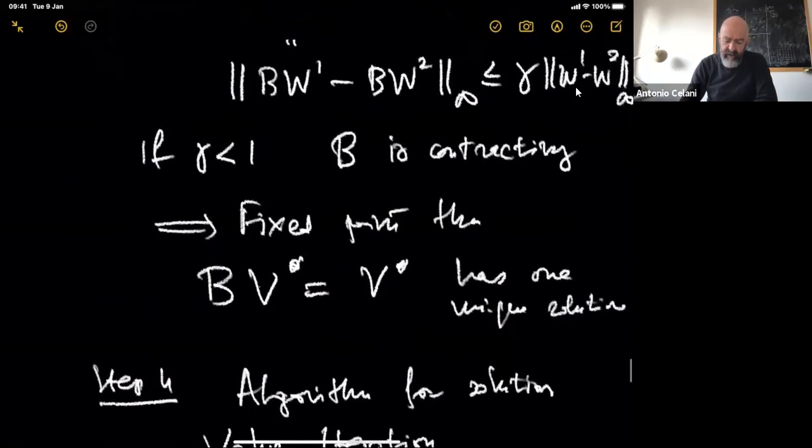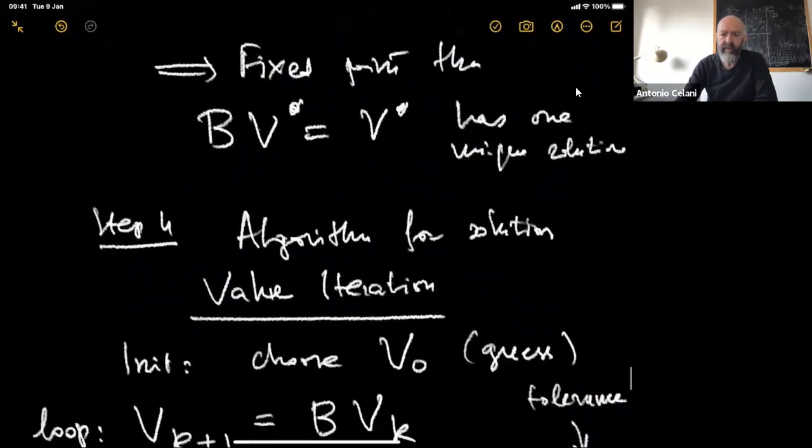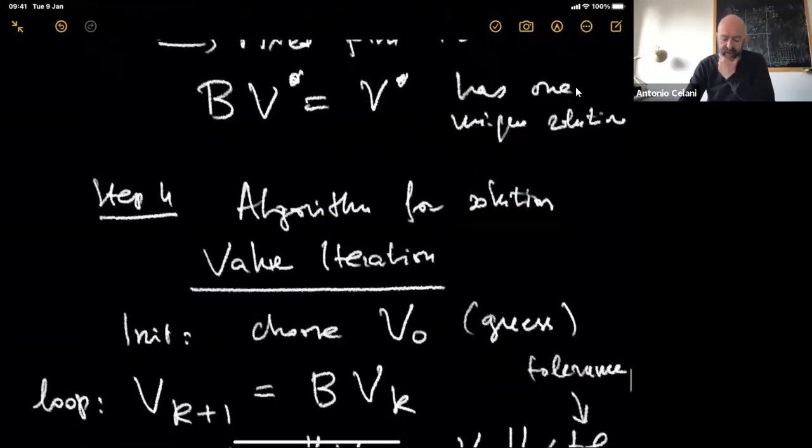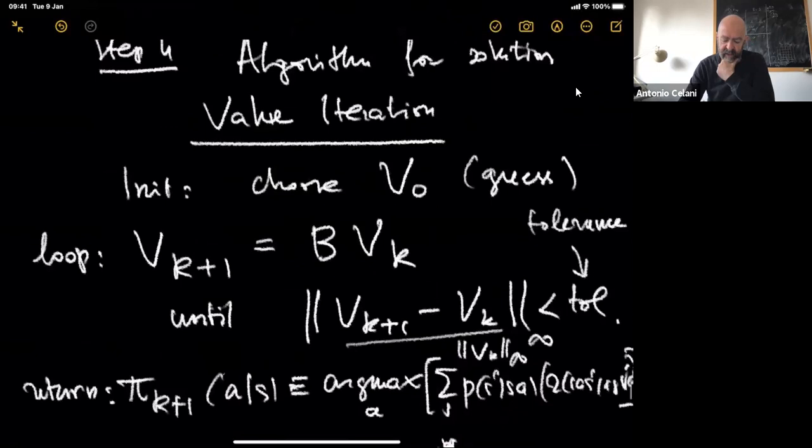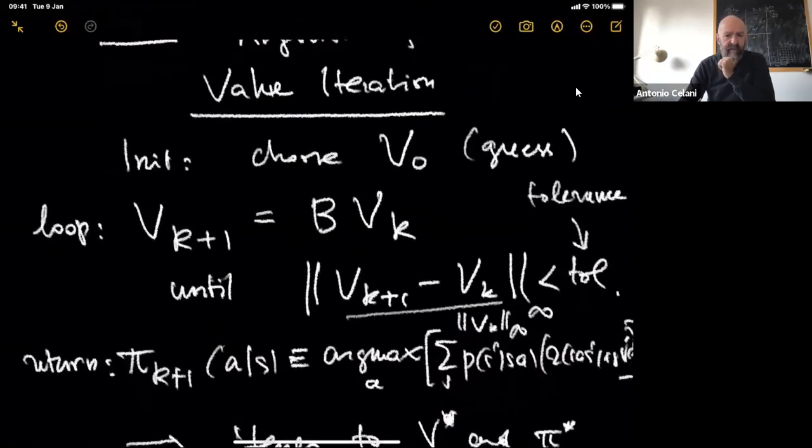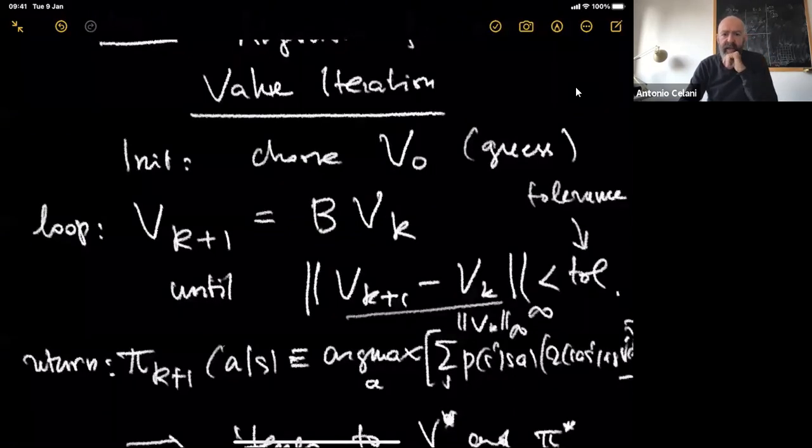Okay, so given that the system is described by the fixed point of a contractive operator, there is a very simple algorithm, which is the fixed point iteration, or value iteration in this specific case, which is very straightforward. You start with a guess, and then you apply recursively the Bellman operator.